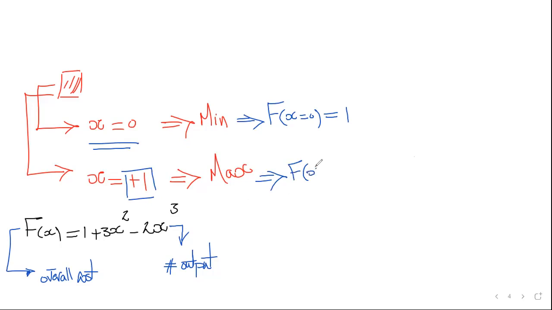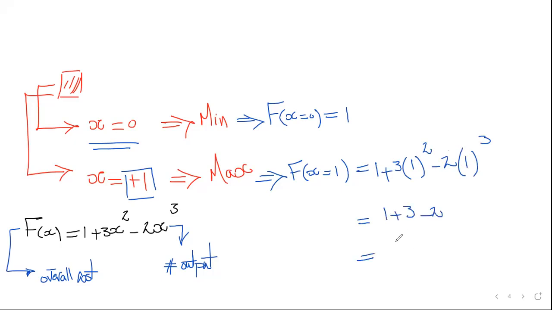Oh, that's so funny. But how much is that cost? It means that f of x at x equal to 1, where you put 1 in the actual function itself, becomes 1 plus 3 times 1 to the power 2 minus 2 times 1 to the power 3. It becomes 1 plus 3 minus 2, which is 2.